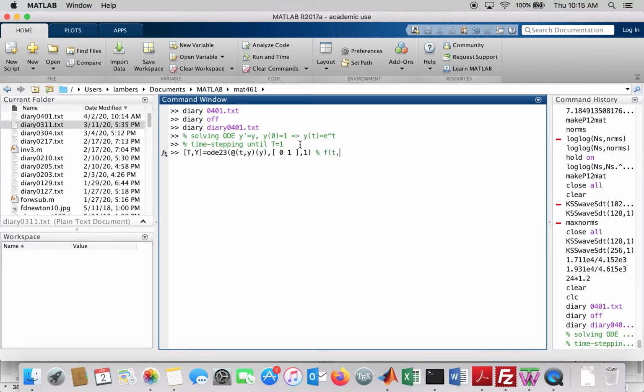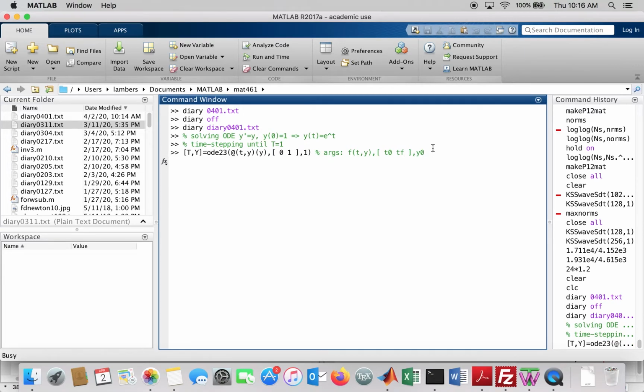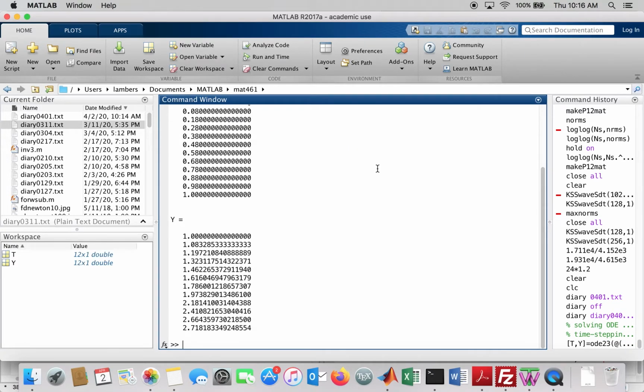So f(t, y), t0 and capital T, I'll call it tf, so initial time and final time, and then y0. Those are the arguments to this function for the simplest usage. I'll go ahead and solve it. I should put a semicolon there.